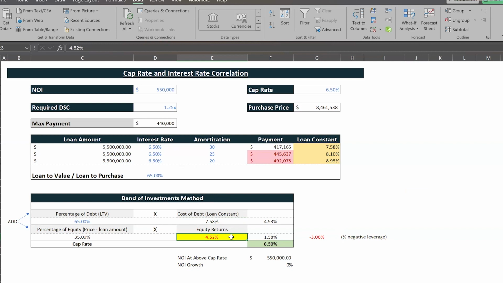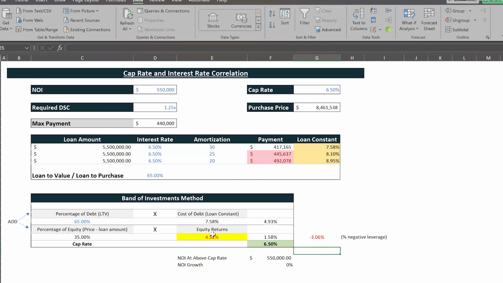So, okay, why is this important? For those of you that have cash on cash requirements of maybe 6%, or in your deals you have a preferred return of 8%, if this equity return component is lower than those required percentages, given these loan factors, you actually won't be able to achieve those on an ongoing basis, right?